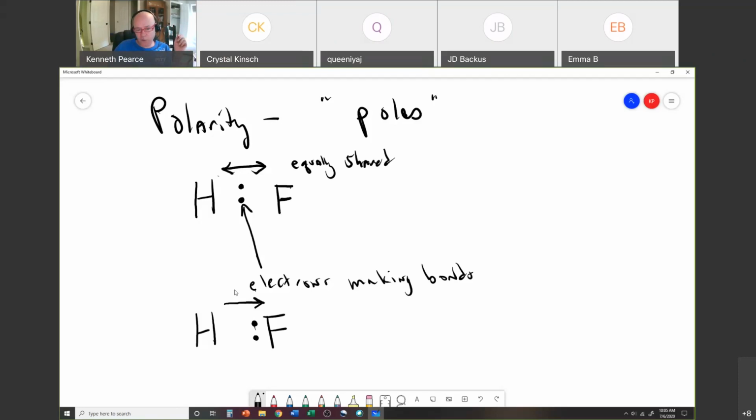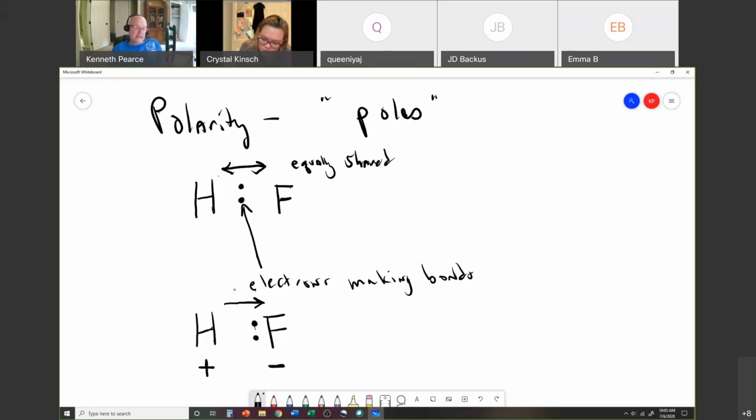And if they spend more time on the fluorine, then this end of the molecule will be slightly more negative. And if the electrons are spending less time on the hydrogen, then this end will be slightly positive, because now you don't see the negative electrons on the hydrogen anymore. You can see more of the proton that's in the middle. So what are protons? Protons are positive, electrons are negative. And so the electrons are more towards the fluorine, so this end becomes more negative.